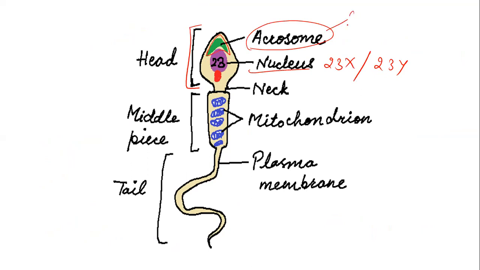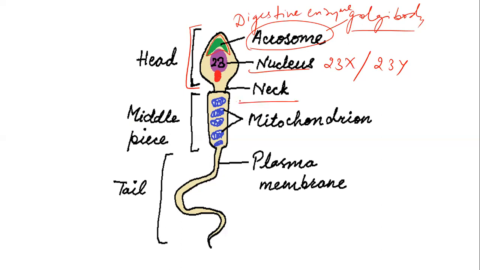It is derived from the Golgi body and has many digestive enzymes that will help in the dissolution of the barrier or protective covering outside the ova.